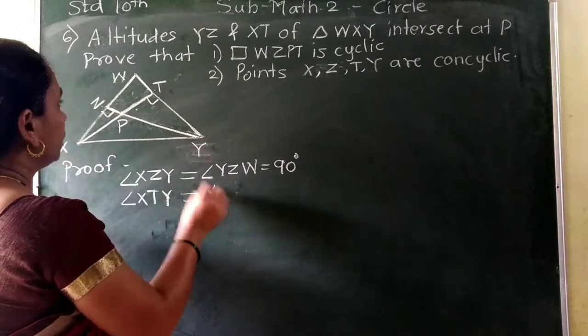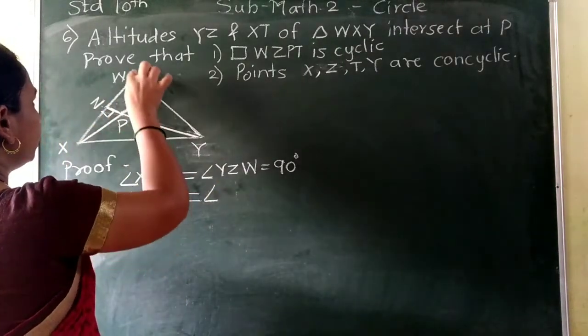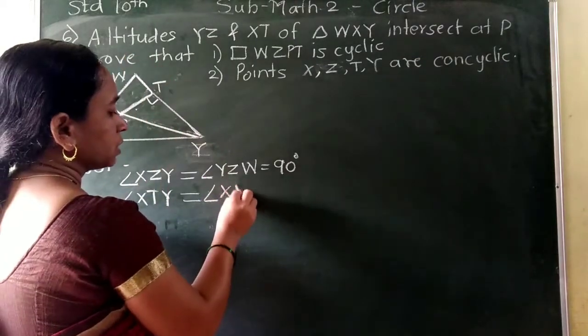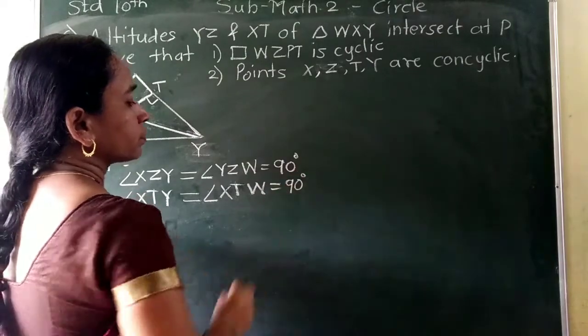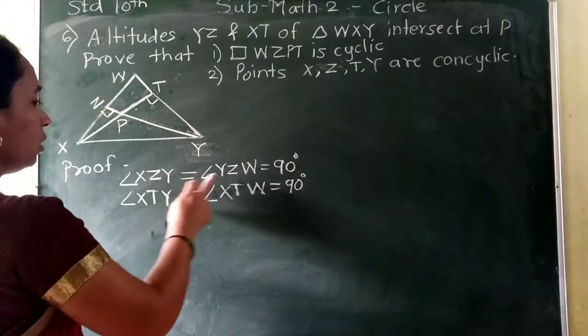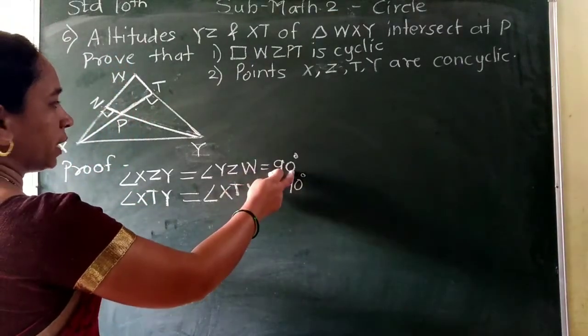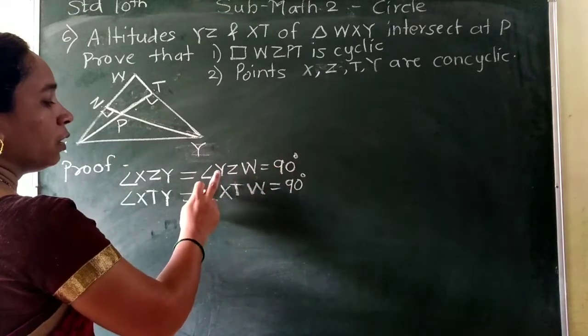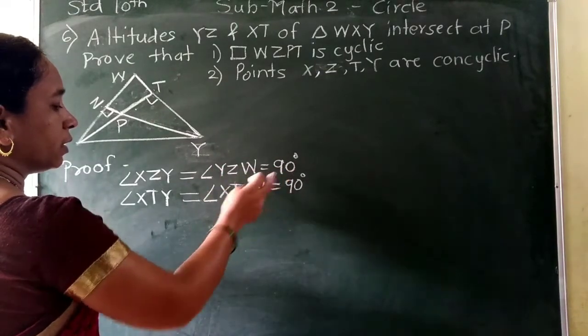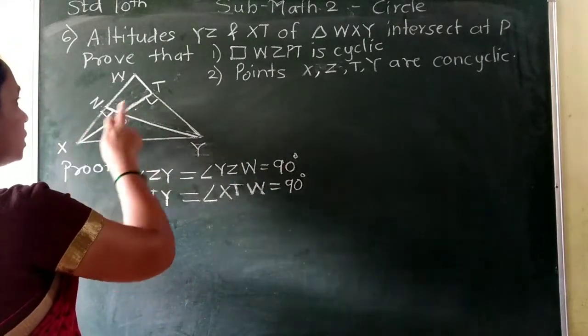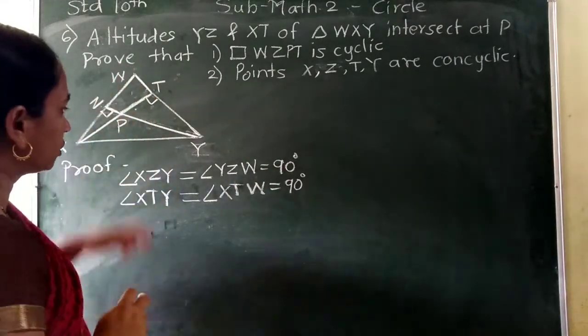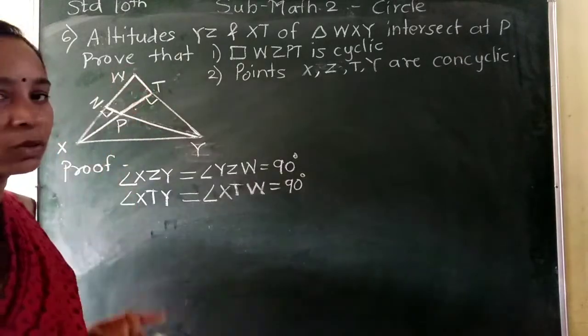It is equal to angle XTW. XTW is also 90 degrees. Sorry, here YZW is 90 degrees, XTW is also 90 degrees. So of course PTW is also 90 degrees.